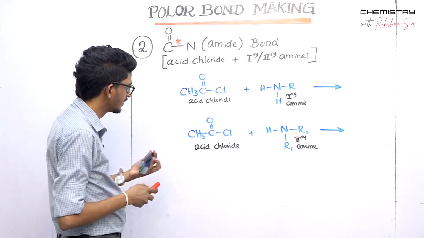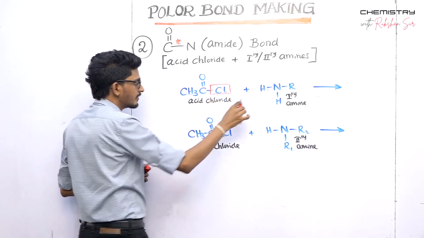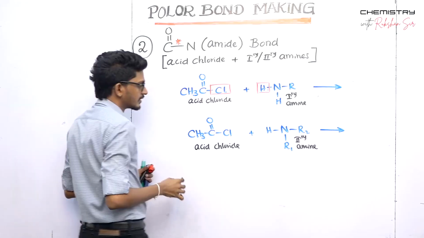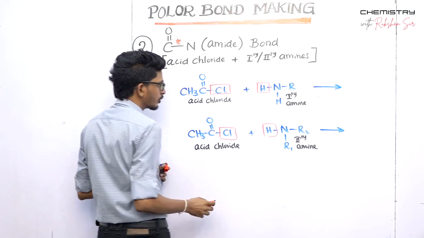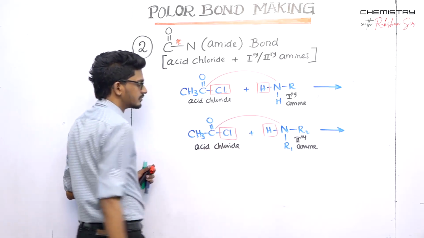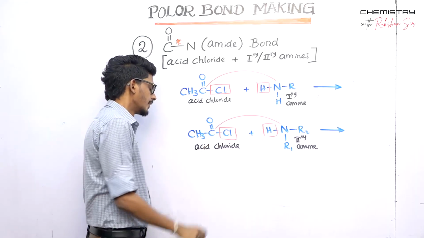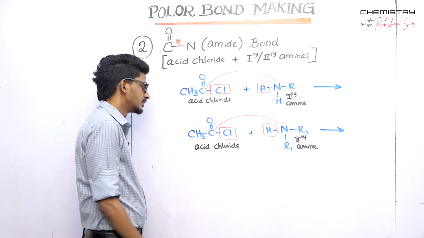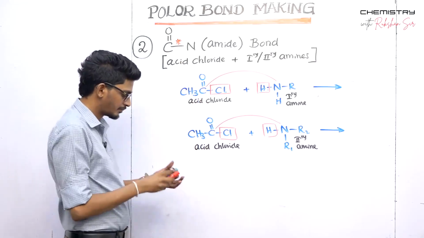Like in the earlier case, the Cl will leave with one of these hydrogens, and this carbon and nitrogen will connect, making the CN bond, the C double bond O N bond, the amide bond.